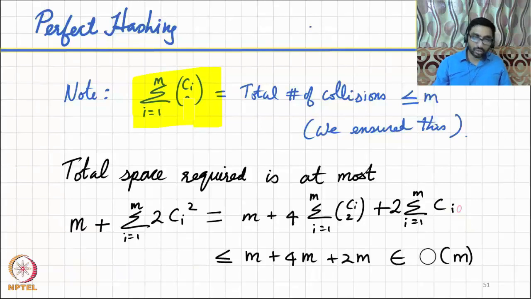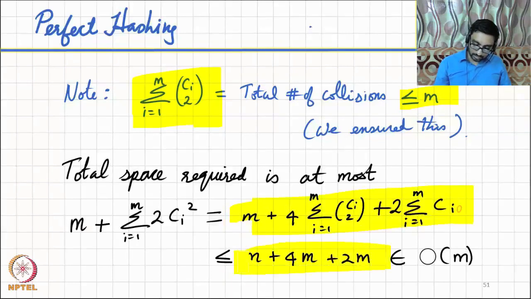But recall that we know that the summation over all i of ci choose 2 is at most m. So this means that we can bound this entire quantity by m plus 4m plus 2m, which is at most O of m.